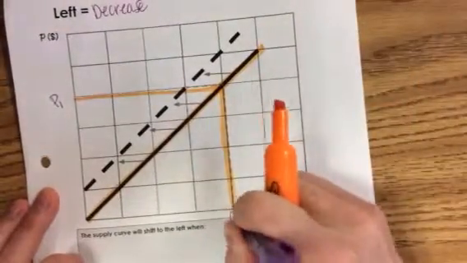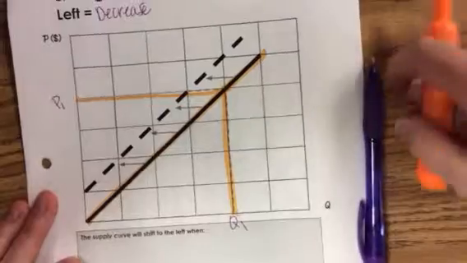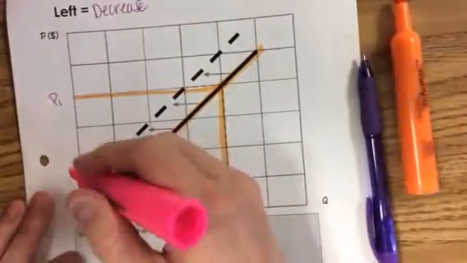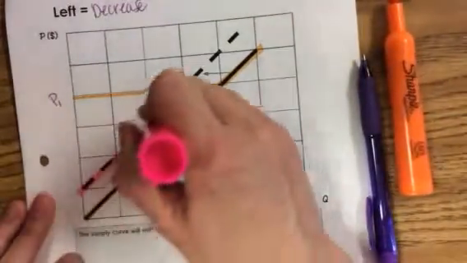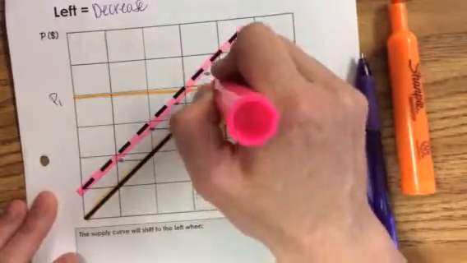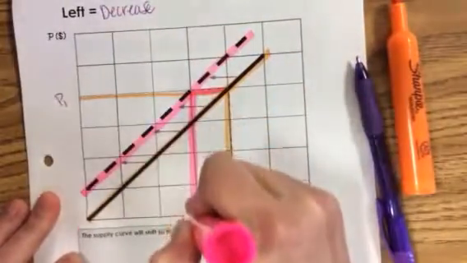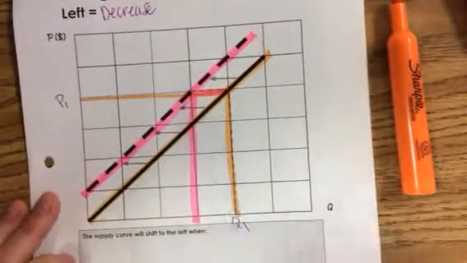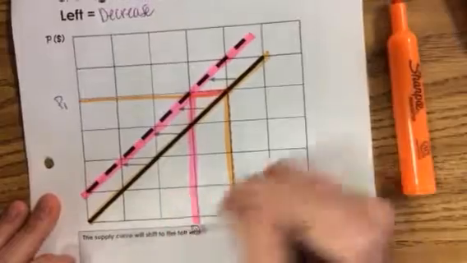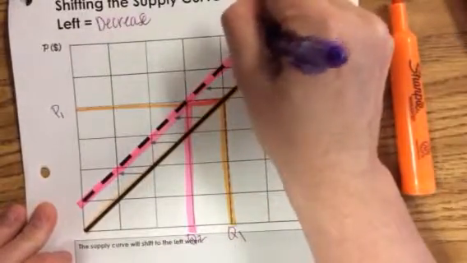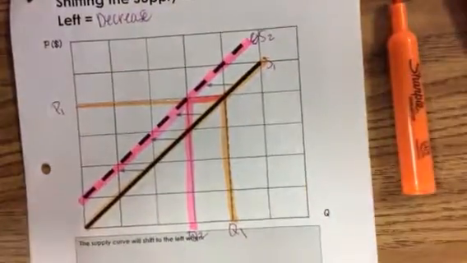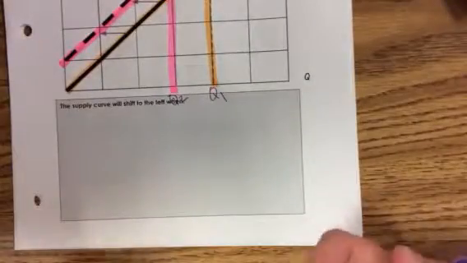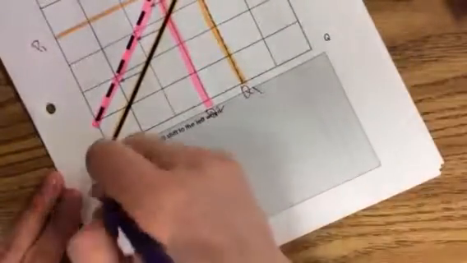For whatever reasons, we'll talk about those in a second, my quantity supplied has decreased. So here's my new curve, and I like to draw it out and then down so I can see it, and then make sure that my new curve goes through that line. And so this must be Q2. So this is S1 and S2. I like to think of this as the exact opposite of your increasing. So why would they decrease? It's because of the exact opposite.